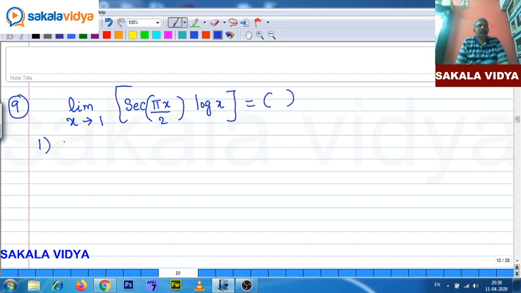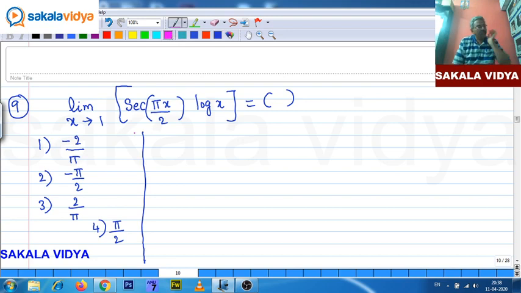First option is minus 2 by pi, second option is minus pi by 2, third option is 2 by pi, fourth option is pi by 2. Okay. Limit x tends to 1, secant of pi by 2 into x into log x.